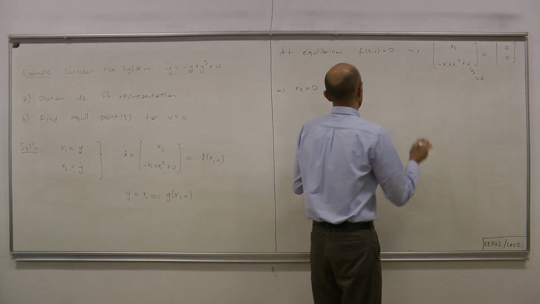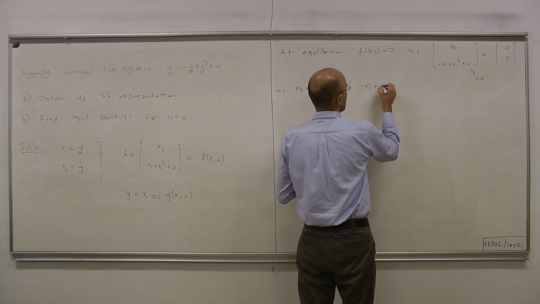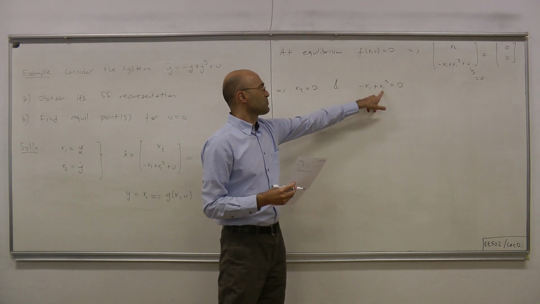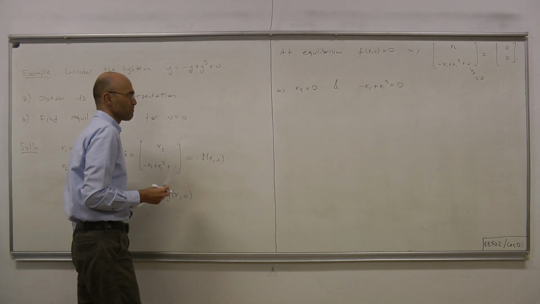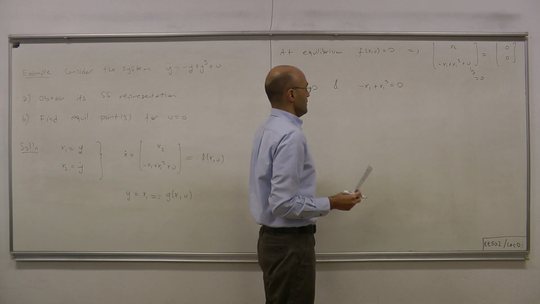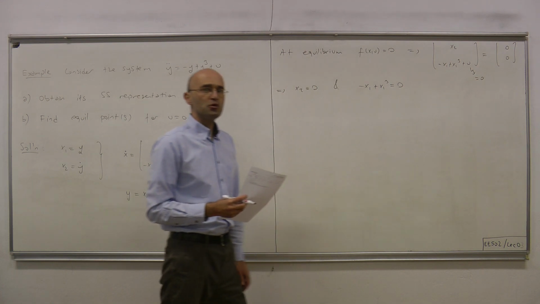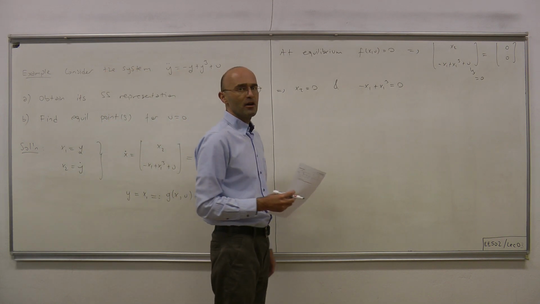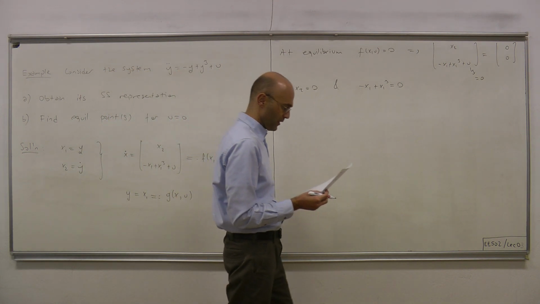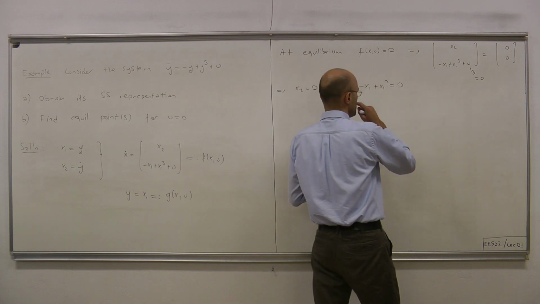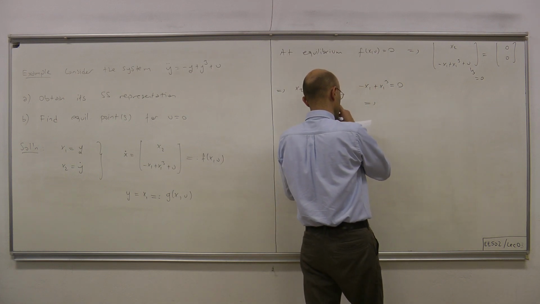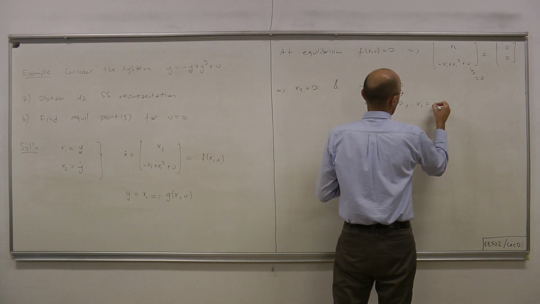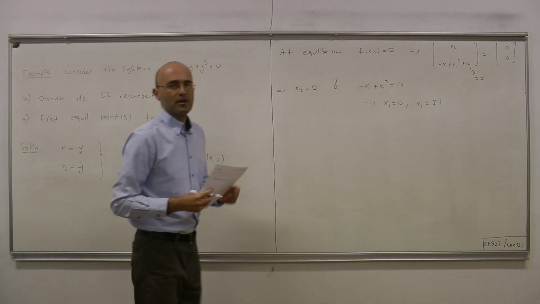And we have minus x1 plus x1 cube equals 0. And this polynomial of order 3 has 3 real roots. Okay, so we're only interested in the real roots. Therefore, that means we have 3 different equilibria. Okay. So solving this implies that x1 is either 0, plus 1, or minus 1.